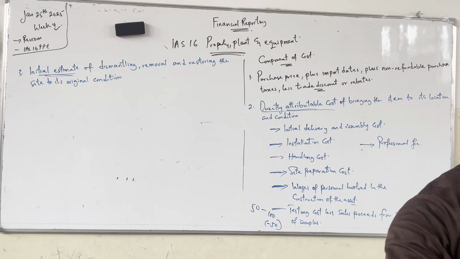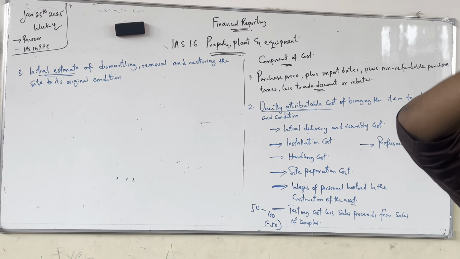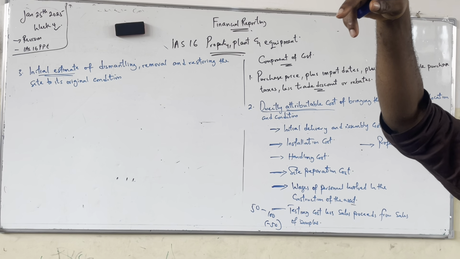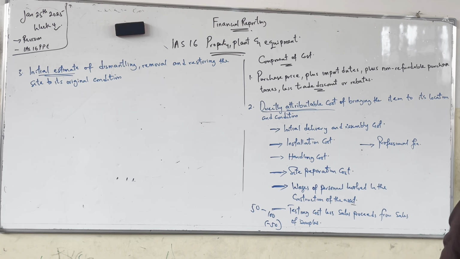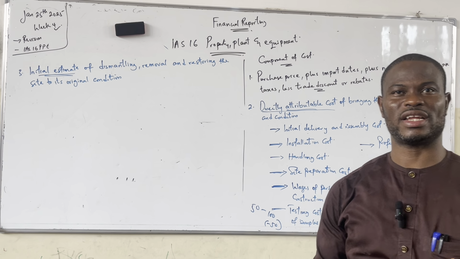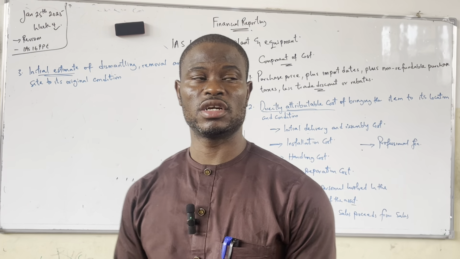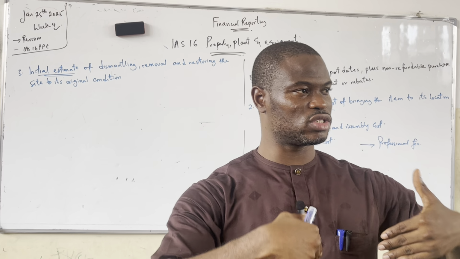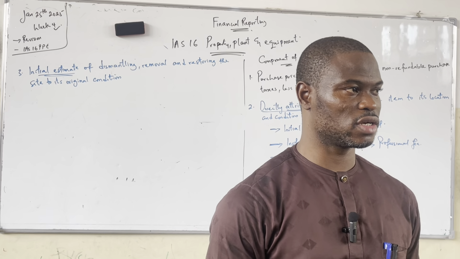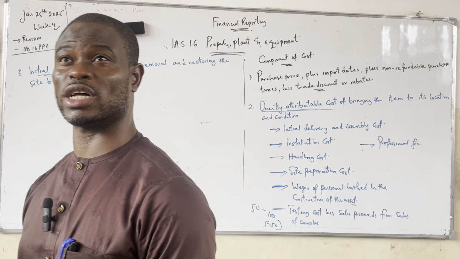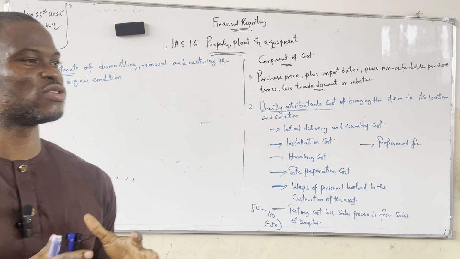When you have a cost you will incur much later in the future, especially after more than 1 year, let's say you are incurring 50,000, you cannot record 50,000 today because of time value of money. So whenever we have an estimate of future costs, what you recognize today is the present value of that future cost.